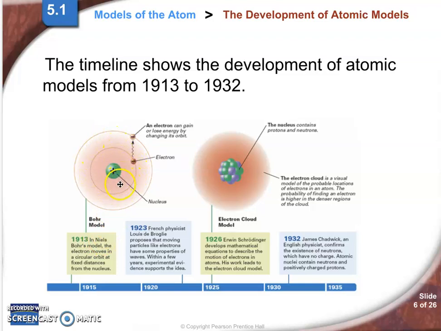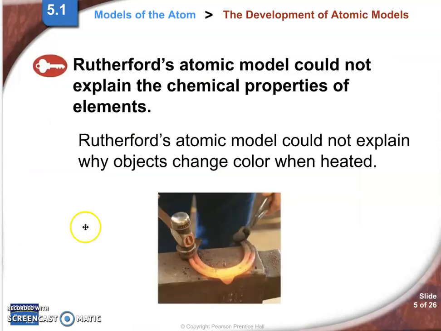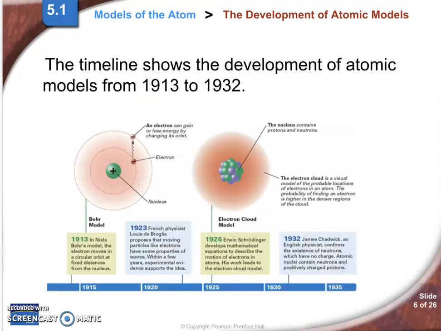When you heat the element, electrons gain energy. When it cools down, it goes back to the original energy level, and then it gives off the different energy as a light. That is why we see the color change when you heat the elements.